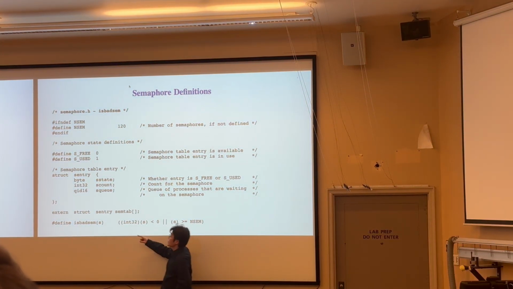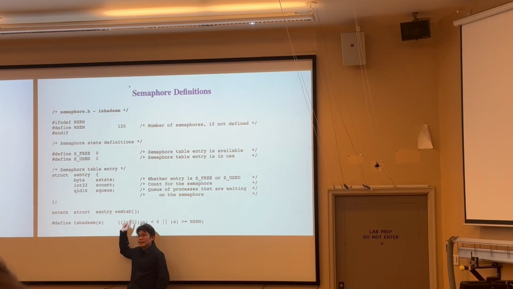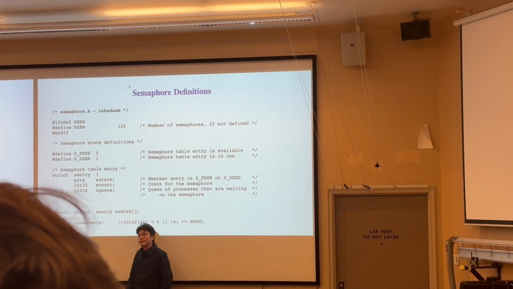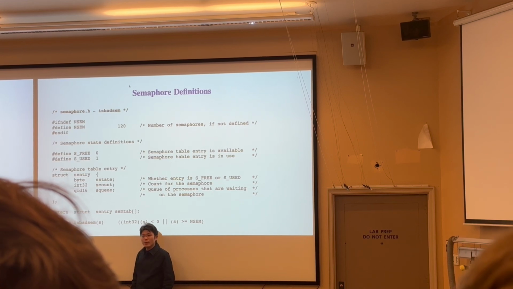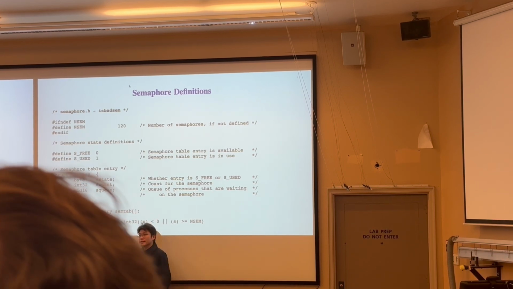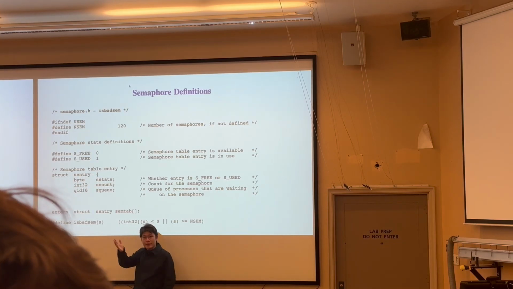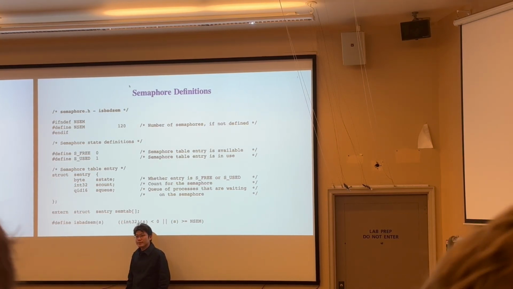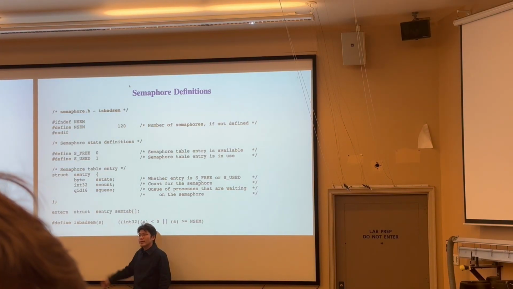State is simple. The second data member, scount, what is it? What is it used for? The third one, I think the previous student explained it. The third one is a queue. The second one, scount, what is it?